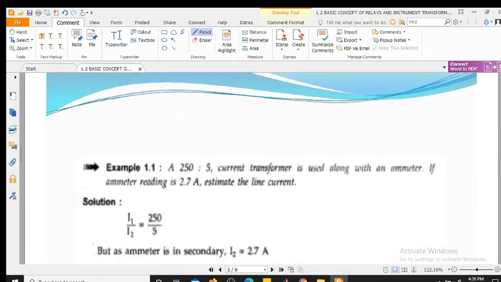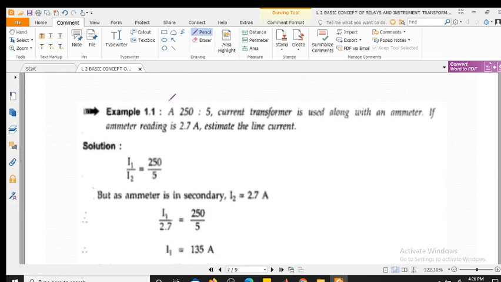See, for that I have given an example. This is the CT ratio given and it is connected along with an ammeter. And what is the rating of the ammeter? It is 2.7. So now we are estimating the actual line current flowing through the primary. Current ratio is nothing but I1 by I2, the CT ratio, 250:5.